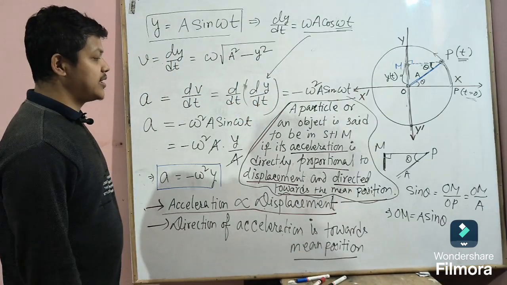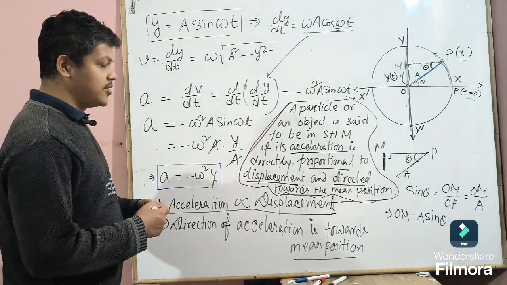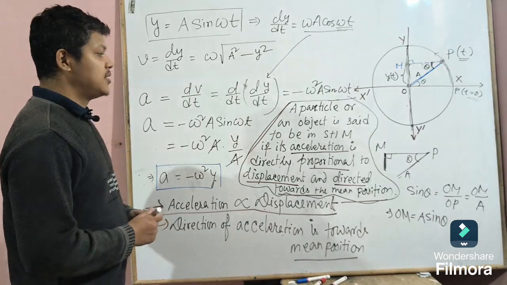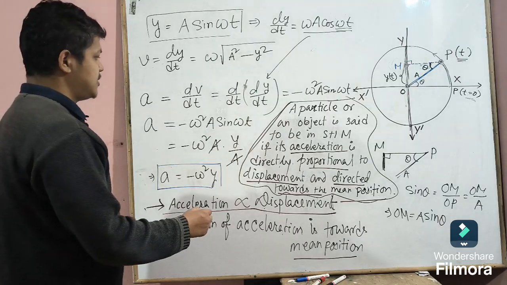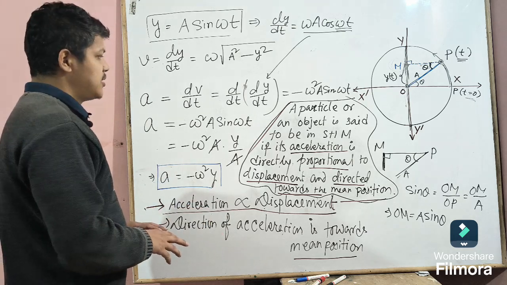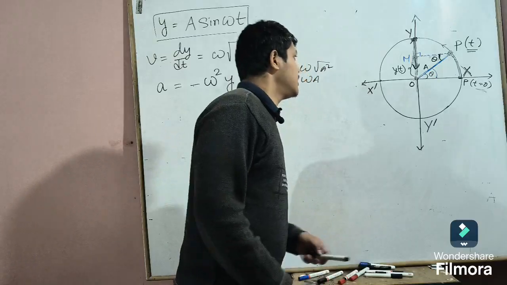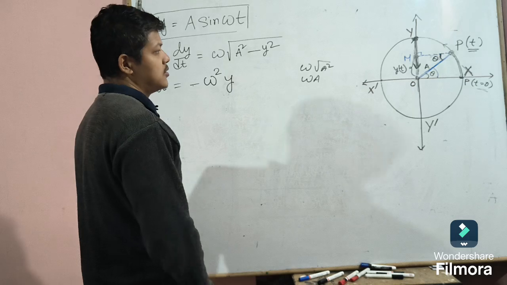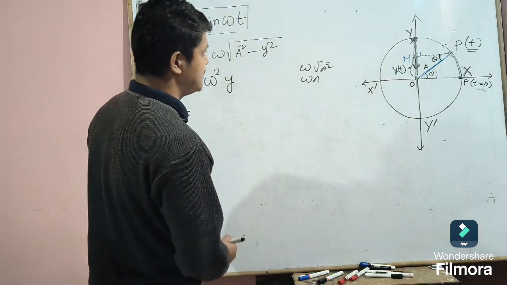The acceleration must be directed towards the mean position. So hope you have understood this. So note these things, and let me clean the board and analyze this motion in detail. Let me analyze the motion of this particle.